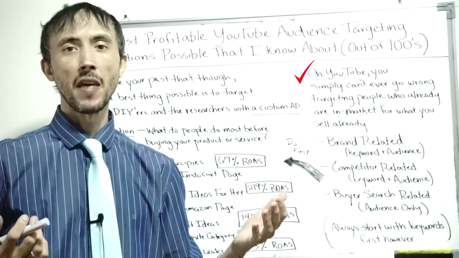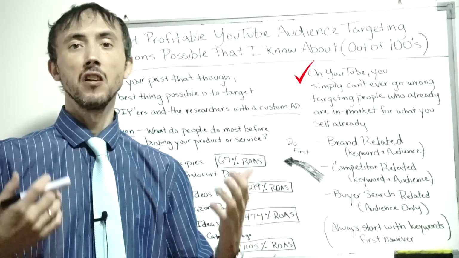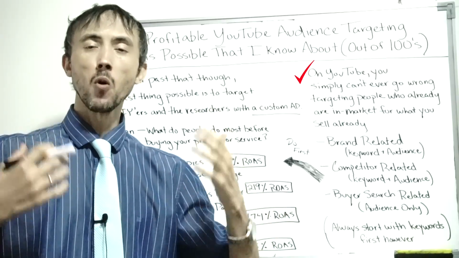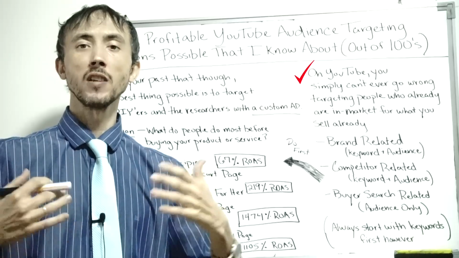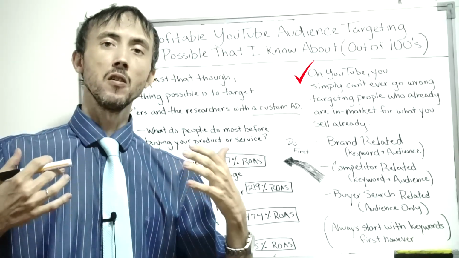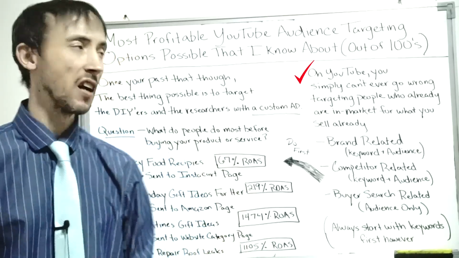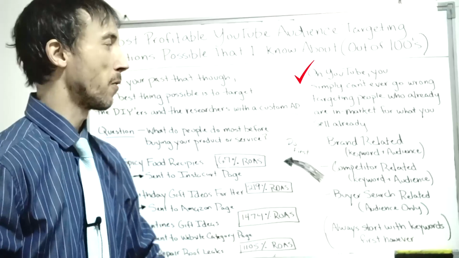Not people that you think would buy suntan lotion if they were presented it. No, the more you know about your prospect, the more likely it is you can monetize them. And of course, if they're already interested in your product category, that's the easiest thing you can monetize. So you always are going to do that up front.